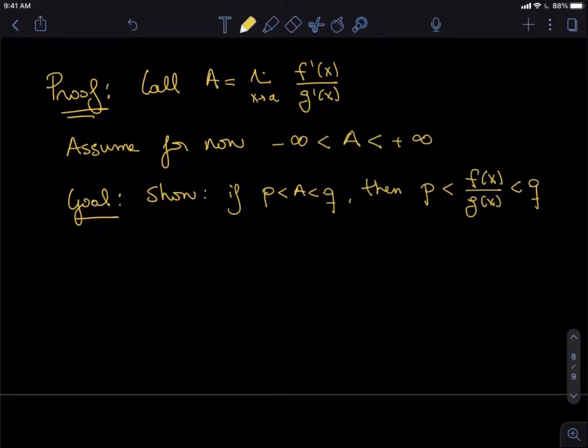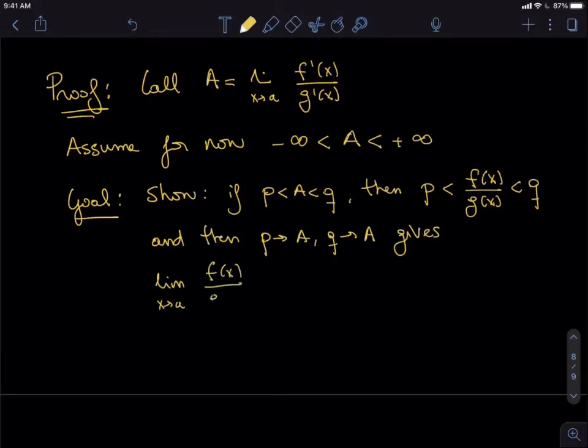Then what we are going to do is shrink P and Q to A, and that will give us the result. That will give that the limit as x tends to a of f of x divided by g of x equals A.